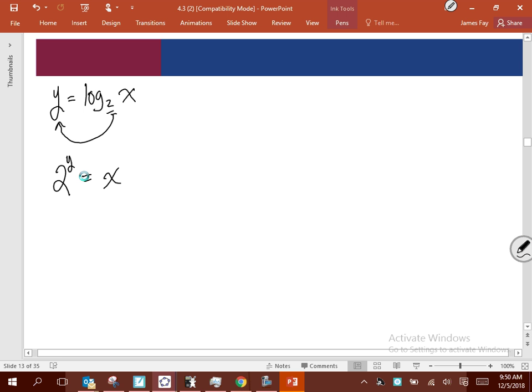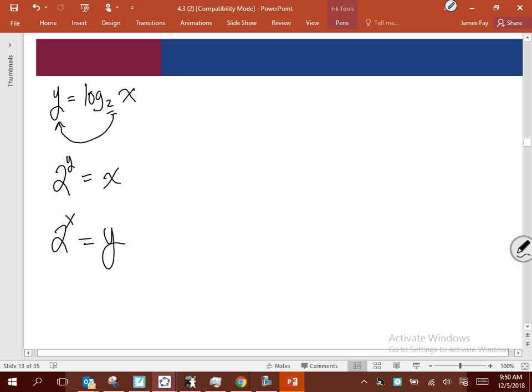When I have a cube root, don't I cube things? Or vice versa, start with the square, do I square root it? I use the inverse to start solving, right? Same thing here, okay? Now, if you remember back to when we used inverses, the last step that we did is we interchanged the x's and the y's. I interchange the x's and the y's, now I get that, right?